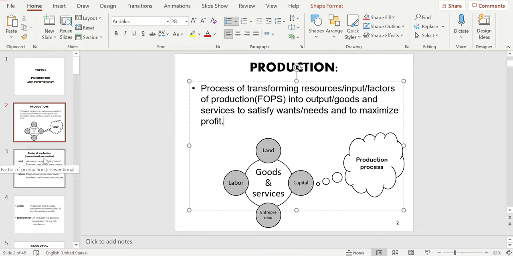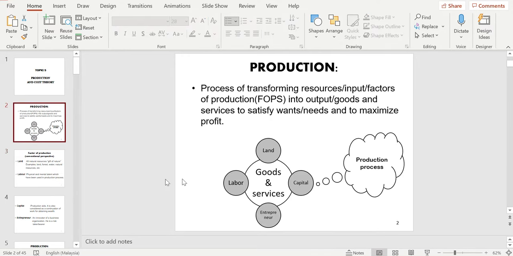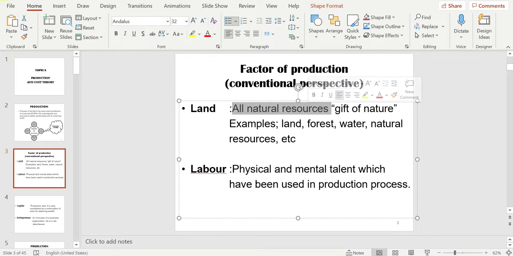Next, let's go with the definition of all the factors of production here. We have 4 factors of production. First of all, in terms of land. Land means all natural resources. This is the gift of nature bestowed by Allah subhanahu wa ta'ala, our creator, to humankind to be utilized.